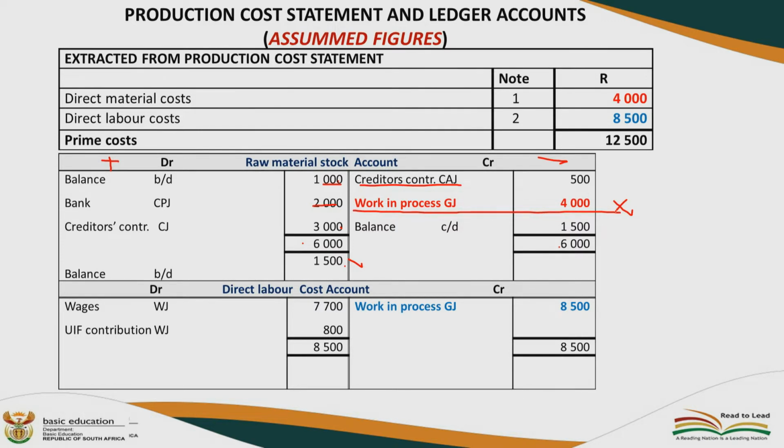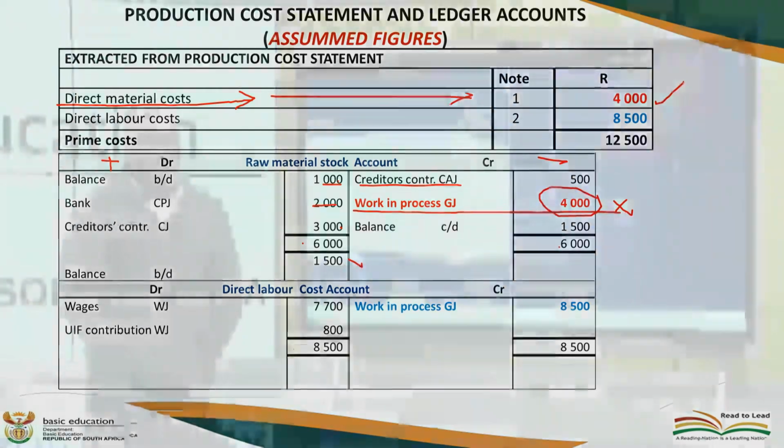Let me relate it to what is on hand. With the production cost statement, that 4,000 becomes the direct material cost, which will bring, over here, the 4,000 direct material cost.